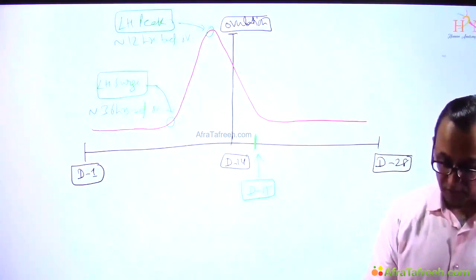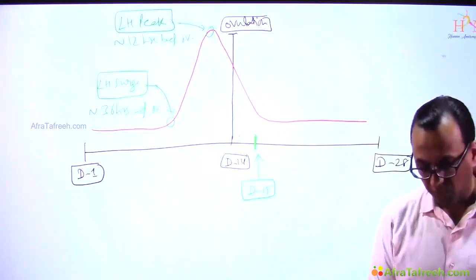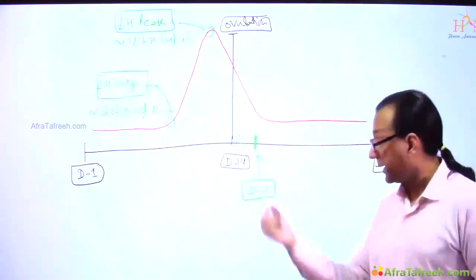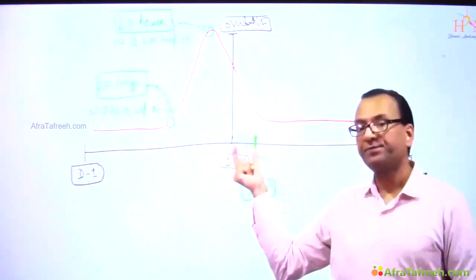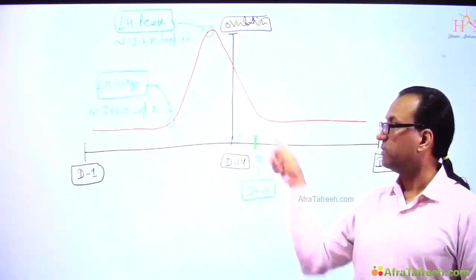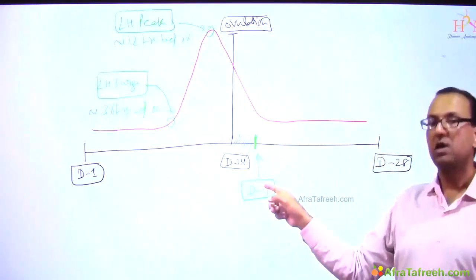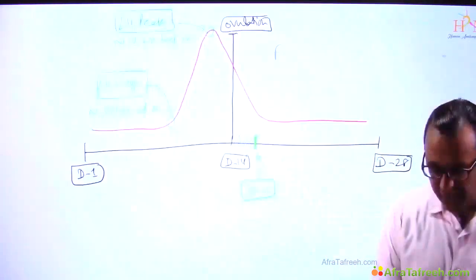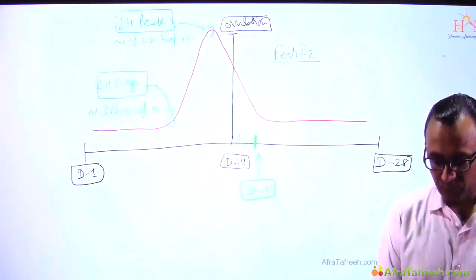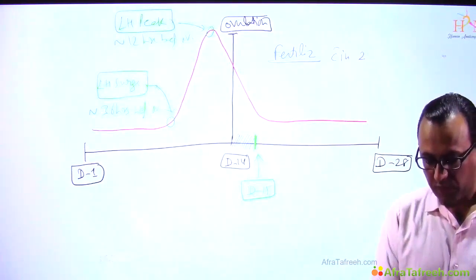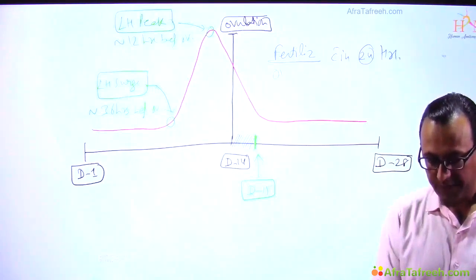Yes, because she has a window period of only 1 day. Once she has ovulation, she must have fertilization within 1 day, and on day number 15, there must be the zygote available. Fertilization should occur within 24 hours of the ovulation.